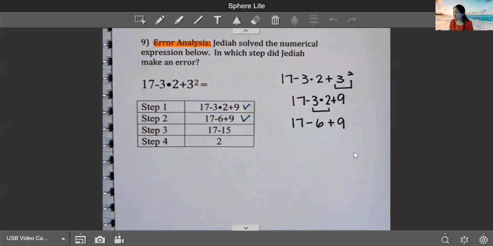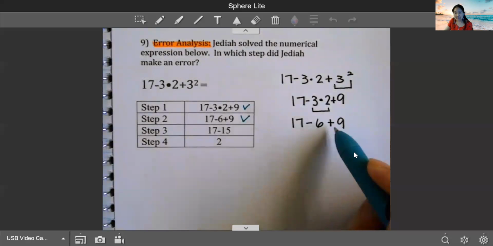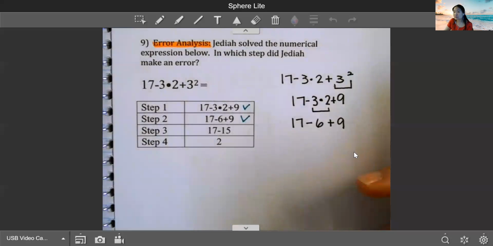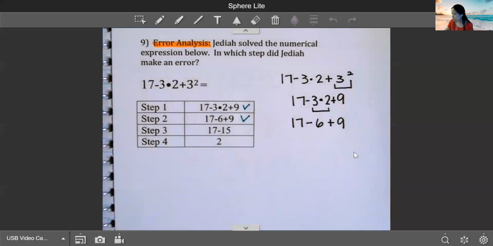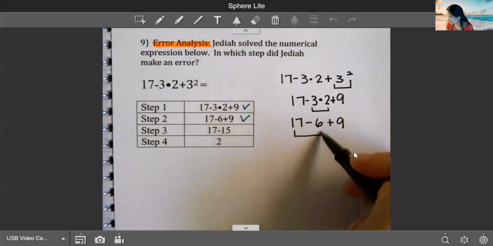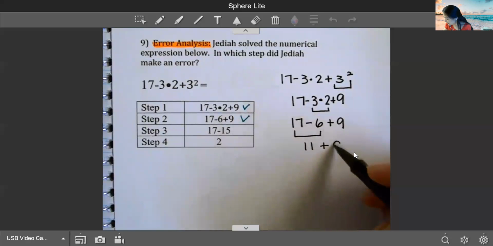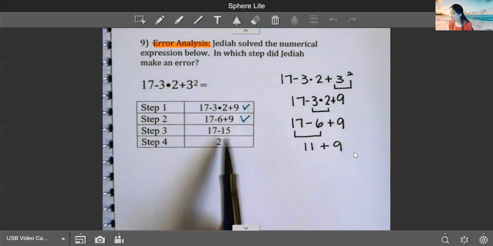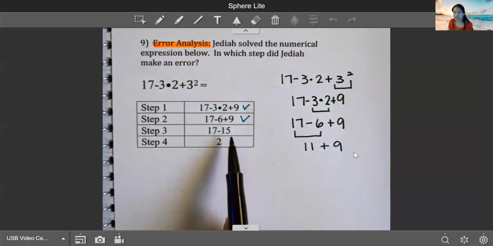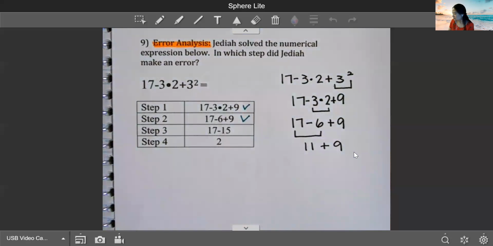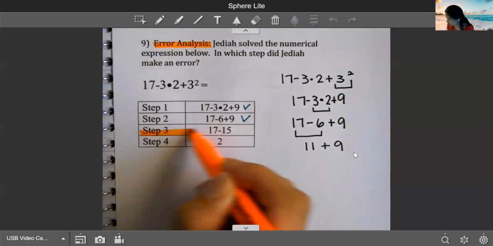Now, I need to subtract and add from left to right. So I would need to do 17 minus 6, which would give me 11, and then plus 9. But if you look here, 17 minus 15 is what this person did. So the mistake is in step 3.